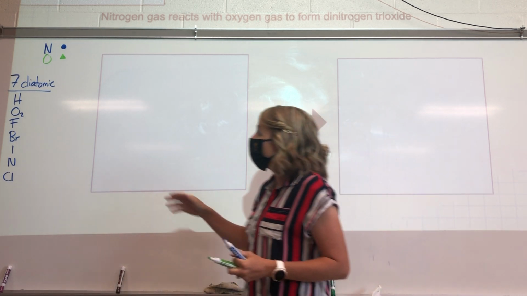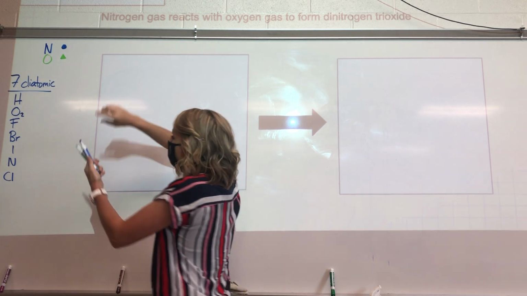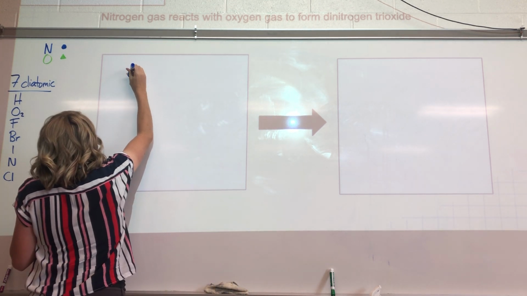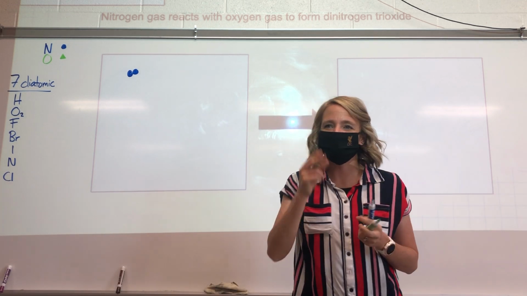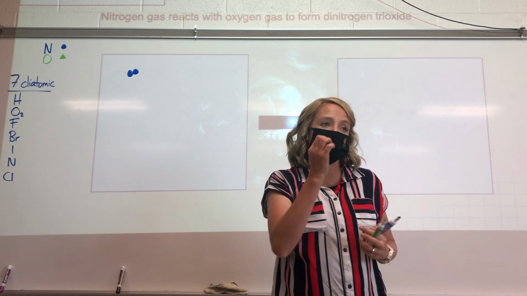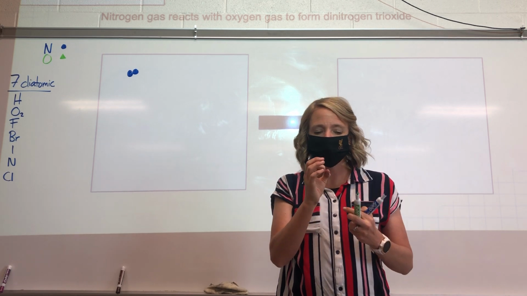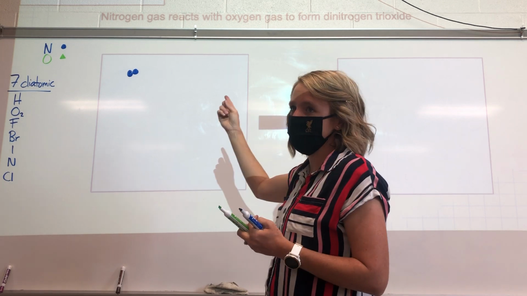So that means when we draw, we have nitrogen floating around, we need to draw it as this, because it comes in 2s. If it wasn't diatomic, then it could exist as a single thing. It says nitrogen gas reacts with oxygen.